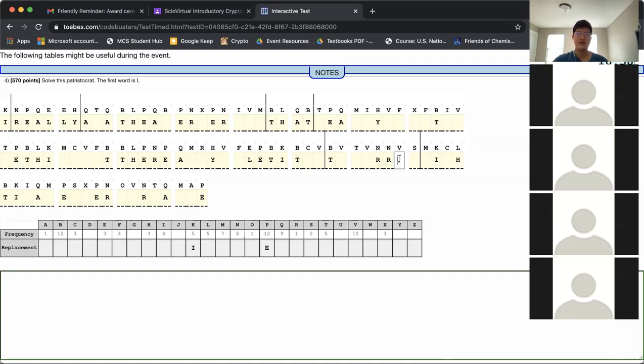Oh yeah, that's what I thought you meant too. Oops, I didn't mean to leak it. But basically, we already used E, A, and I, right? And it's probably not U because U is not supposed to be this common. There's 10 V's in this quote, and that's pretty high up there. So I think it's just O, because U is not so common, even though it's a vowel.